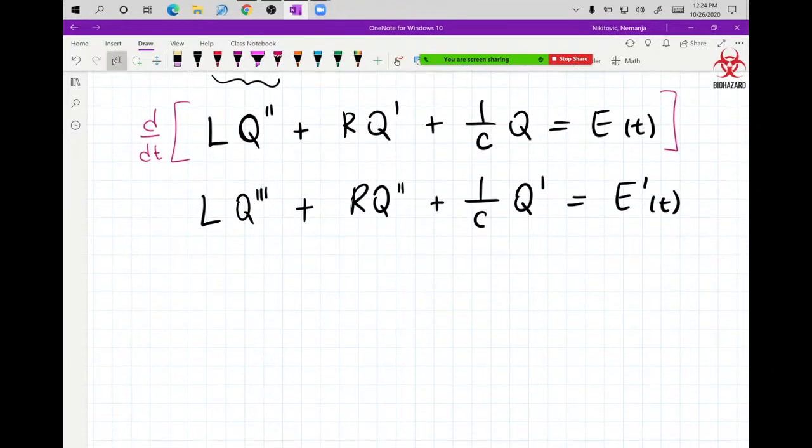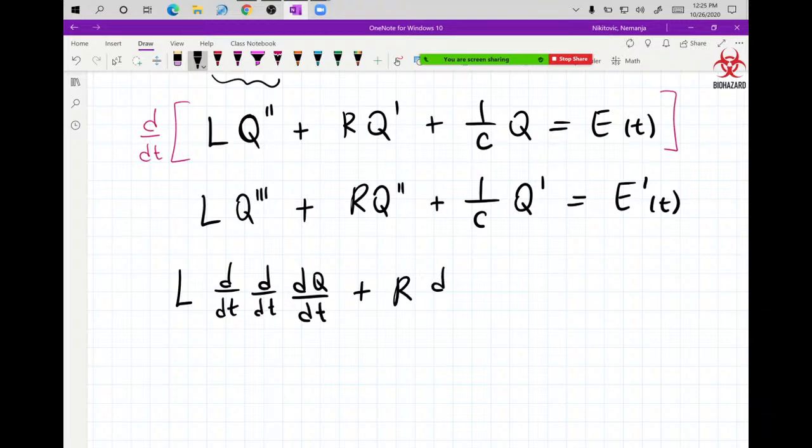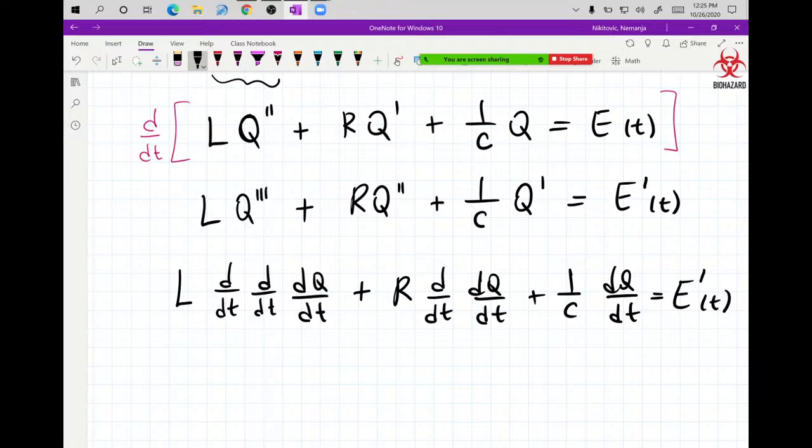Now, what is the L q'''? It's L d/dt d/dt dq/dt plus R d/dt dq/dt plus 1 over C dq/dt equals E'(t).